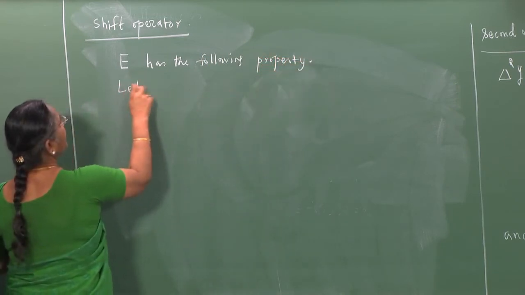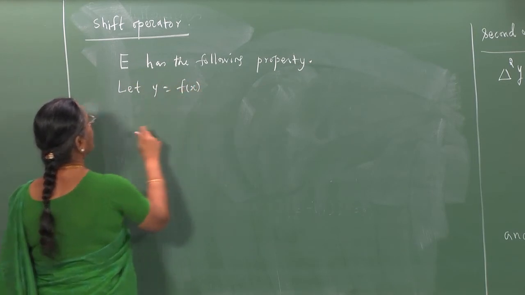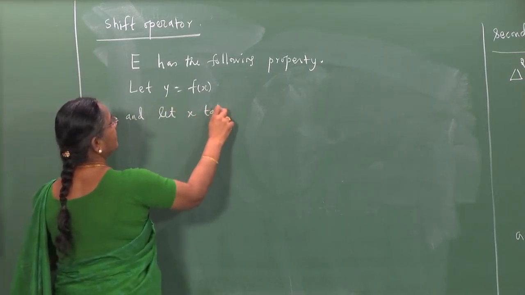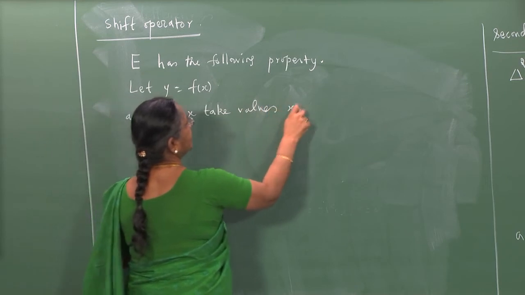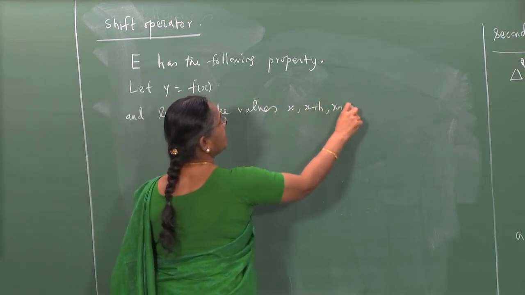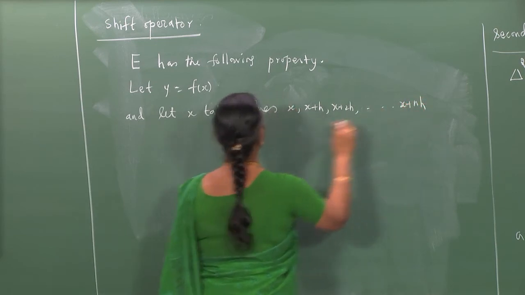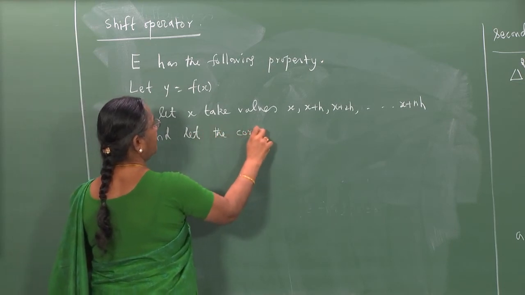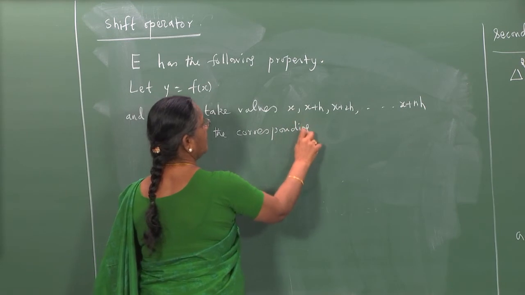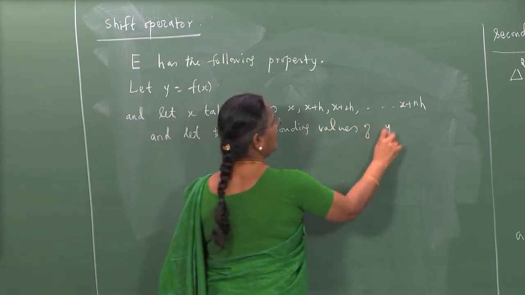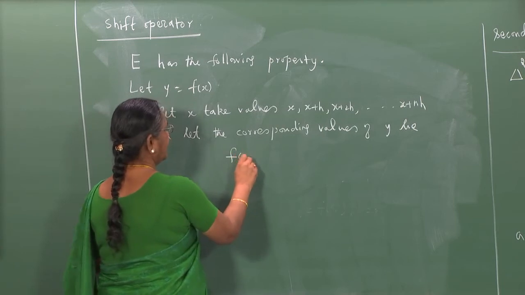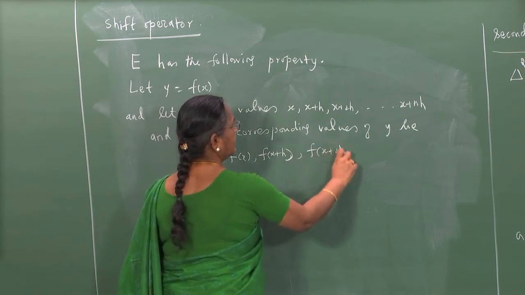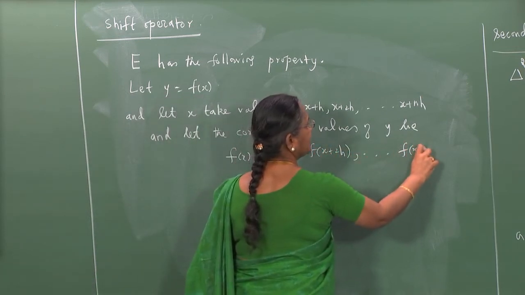So, let y be equal to f of x, and let x take values x, x plus h, x plus 2h, and so on, x plus nh, and let the corresponding values of y be f of x, f of x plus h, f of x plus 2h, and so on, f of x plus nh.